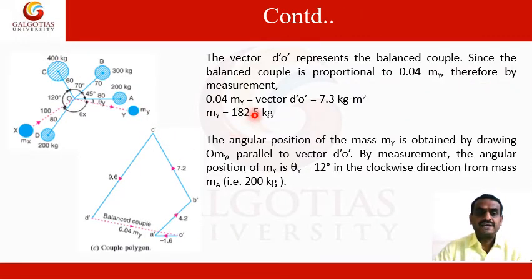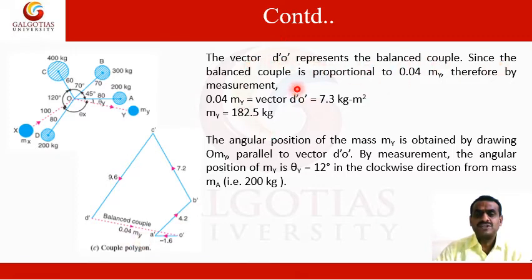After drawing the couple polygon diagram, we know the closing part of the polygon gives the unknown 0.04 my. The vector d dash o dash represents the balancing couple.